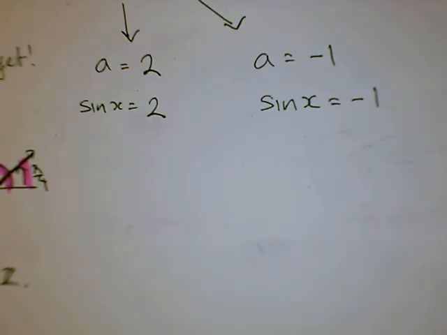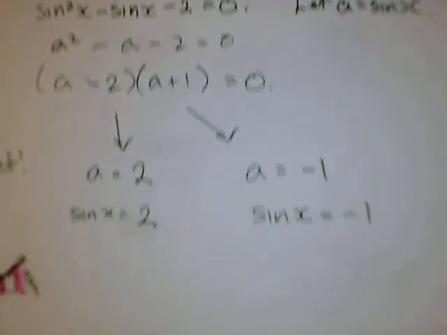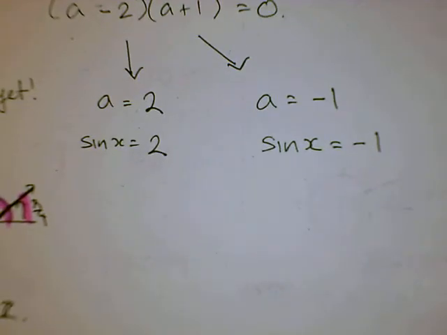Where do we go from here? Or rather, as a recap, anytime you see something with sine squared and a sine, or basically a ratio squared and a ratio that's not squared, think about factoring as a solution, and you get yourselves a substitution. What's next? What do we do all the other times?